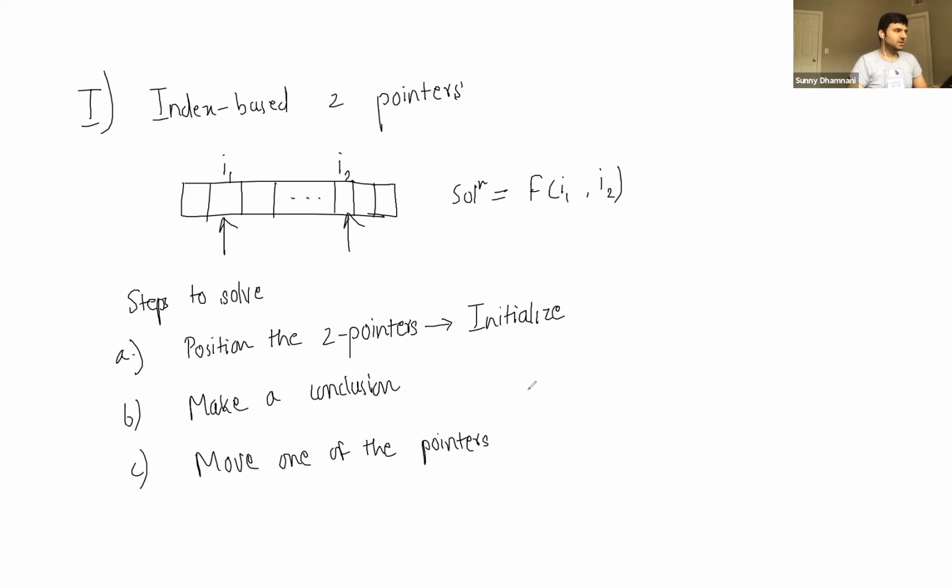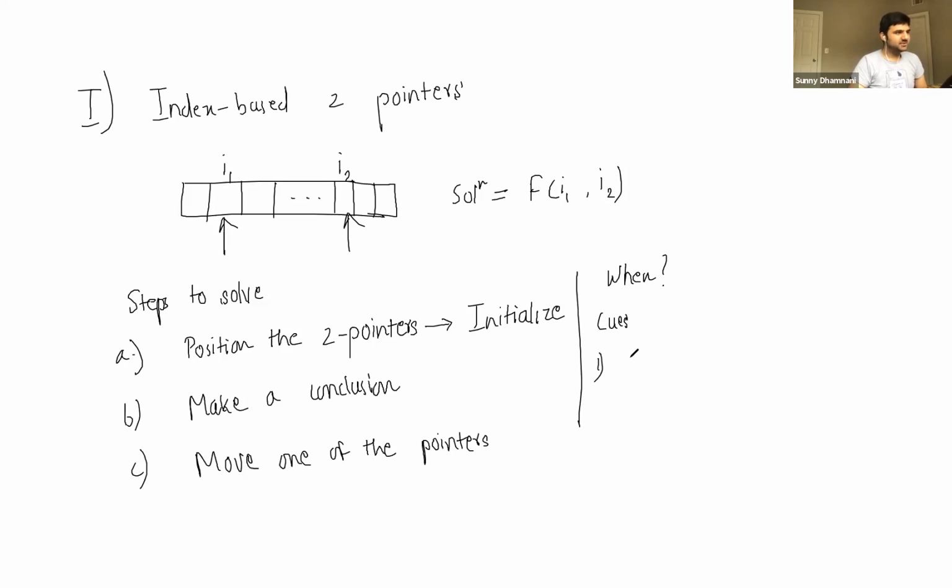Okay, now you would ask, I understand all these three steps, but they don't make sense. Like, when would I use them? So let's talk about when you would use them. How would you see if a problem can be solved using two pointers, because there are so many methods? There are some cues which you can follow to see whether a question can be approached using two pointers or not.